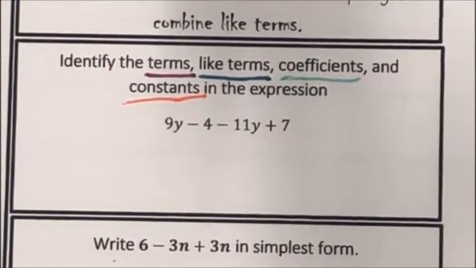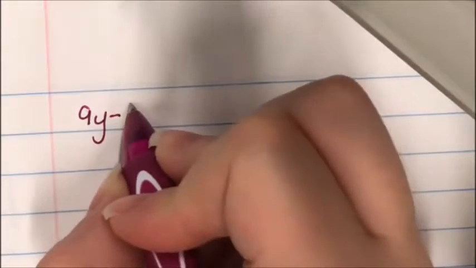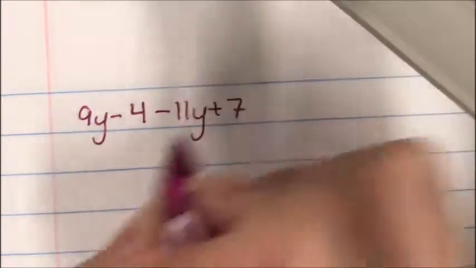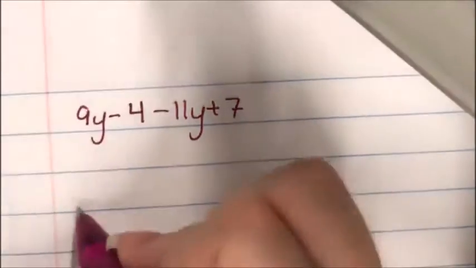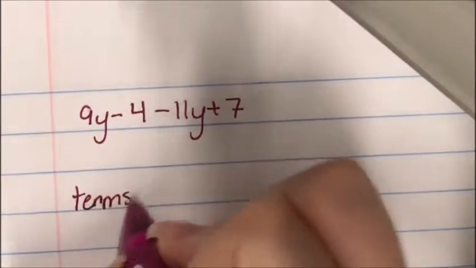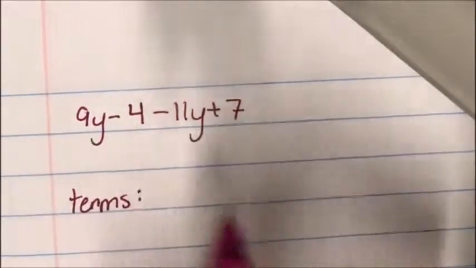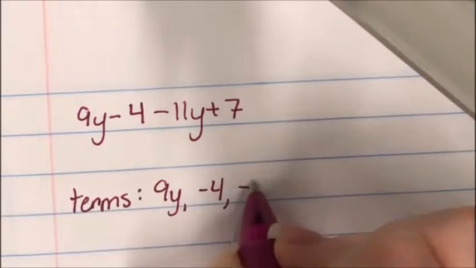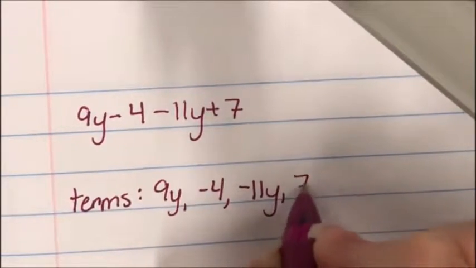So my expression is 9y minus 4 minus 11y plus 7. The first thing I want to look at is my terms. Each one of these is a term. So I have 9y, negative 4, negative 11y, and 7.